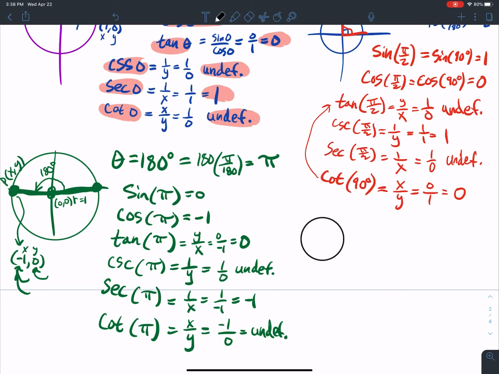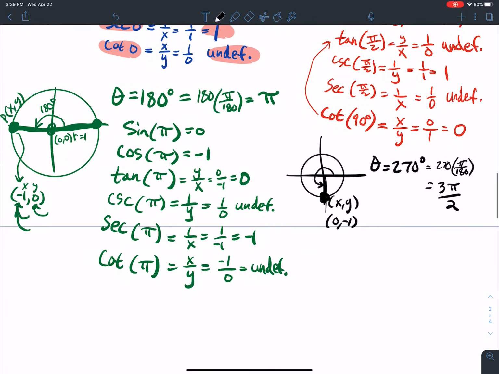The last one here, I rotate 270 degrees. So I'm down here at this point here. This XY coordinate is 0, -1 for that unit circle. Okay, so this is theta equal to 270 degrees. Now 270 in radians, that's going to be 270 times pi over 180, which gets me 3 pi over 2, okay?